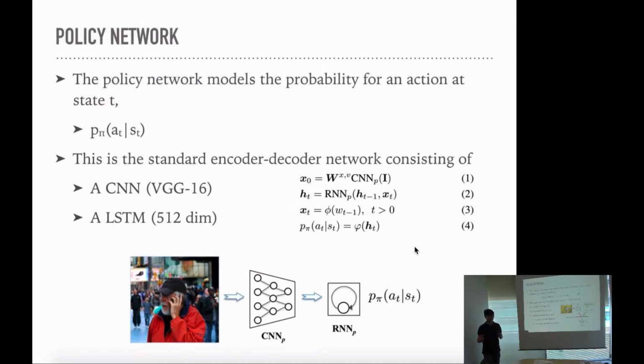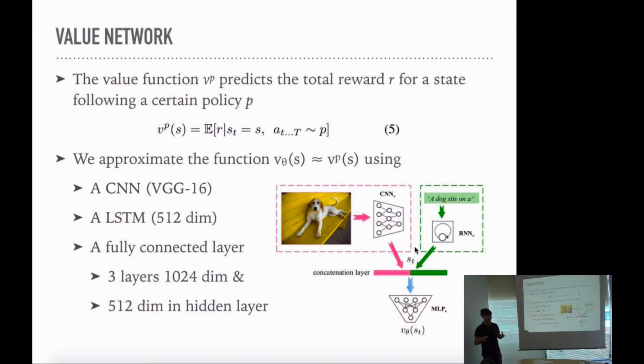Now we talk about the value network, which is the interesting part, because this value network predicts the total reward, or the expected final reward, given the current state and the policy it is using. We can approximate this value network given a certain policy with V-theta, and we use a CNN, LSTM, and a fully connected layer to model this.